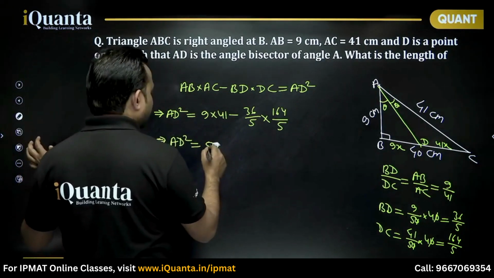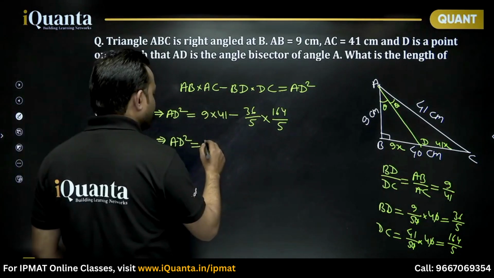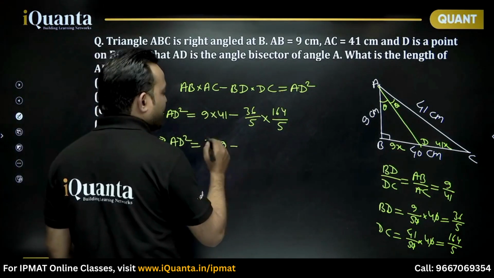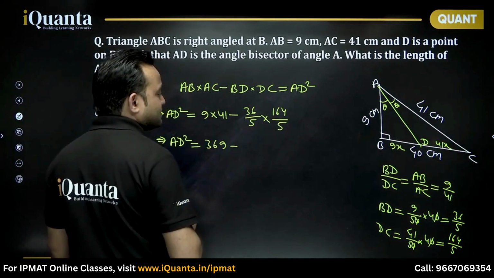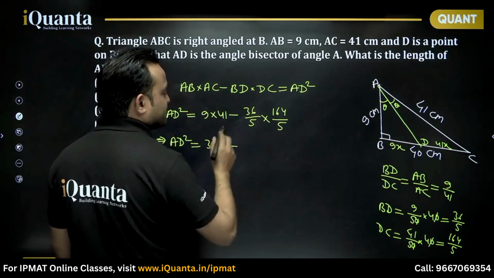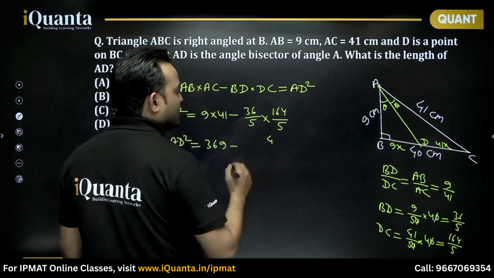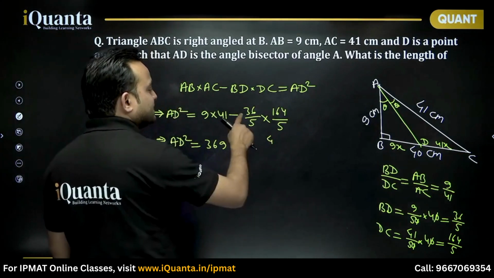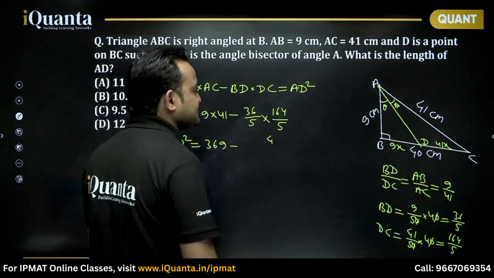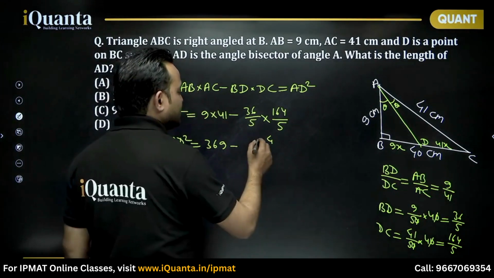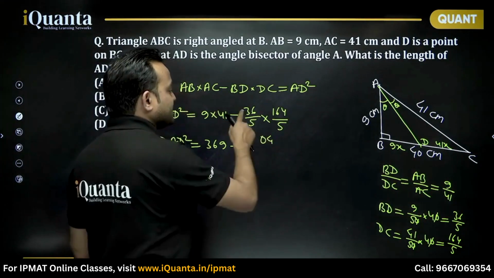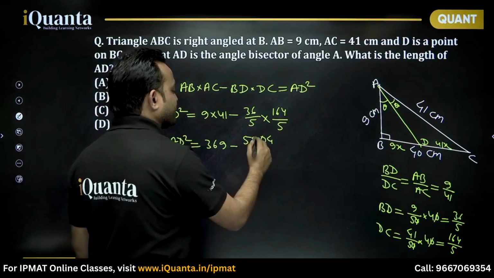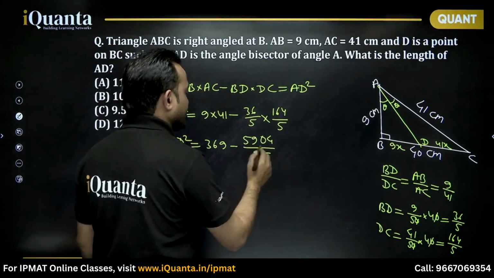This will be 41 into 9 is 369 minus, what's this value? So 36 into 164, that gives 5904 upon 25.